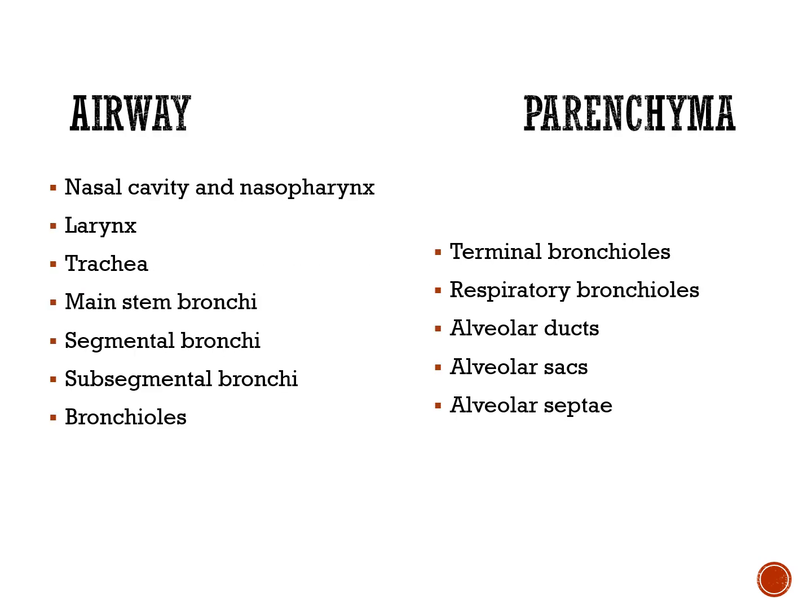As mentioned in the previous slide, the airways or conducting zone start from the nasal cavity, go through the trachea, main stem bronchi, segmental bronchi, subsegmental bronchi, and bronchioles. Whereas parenchyma includes terminal bronchioles, respiratory bronchioles, alveolar ducts, alveolar sacs, and alveolar septi.